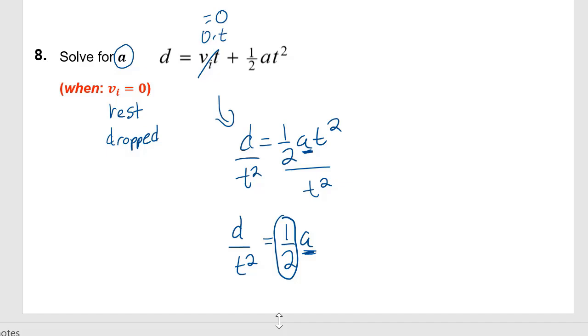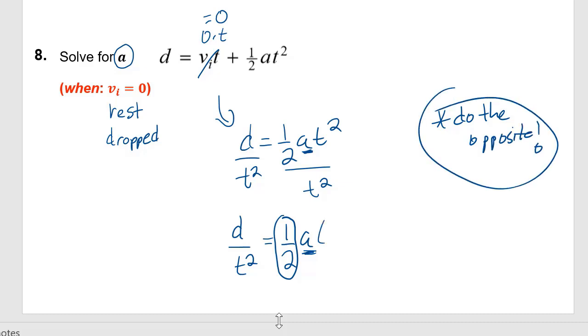Instead of dividing by 2, we do the opposite and multiply by 2. That will get rid of that fraction. So multiply both sides by 2. The 2's cancel, and we have a by itself on the right side. I'm just going to flip it so it's on the left. So acceleration a is 2 times d over t squared.